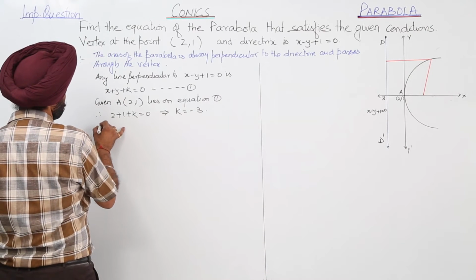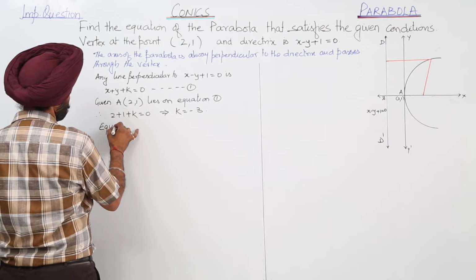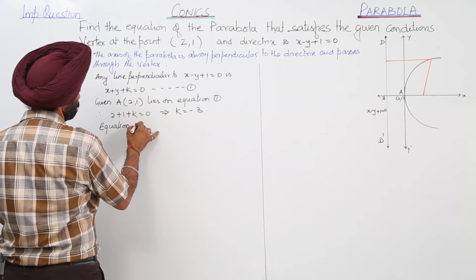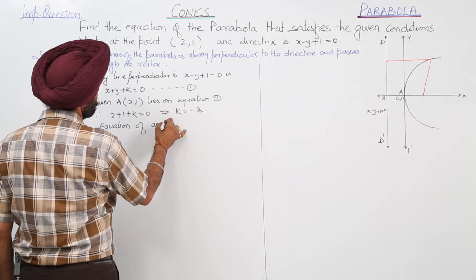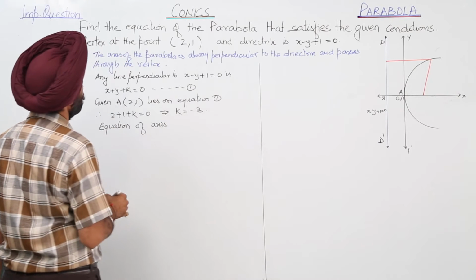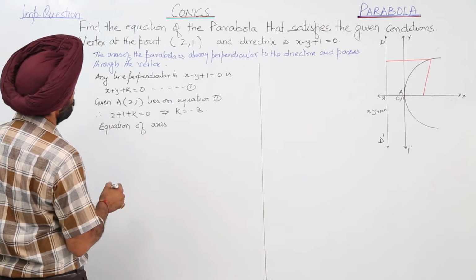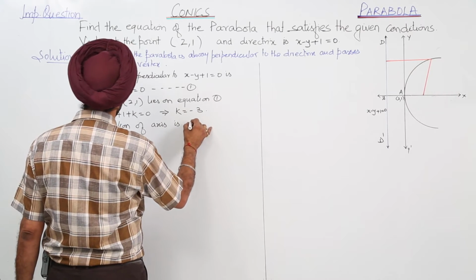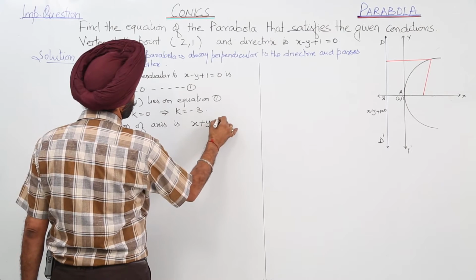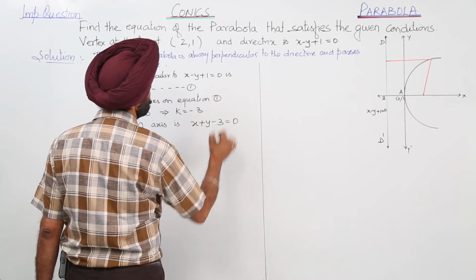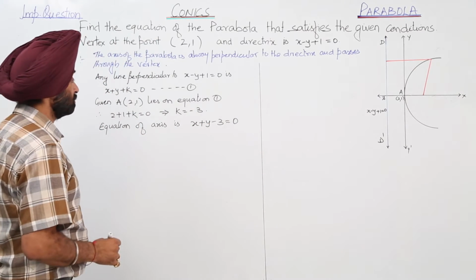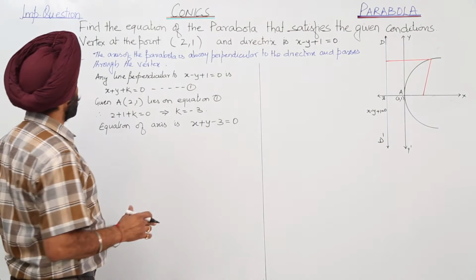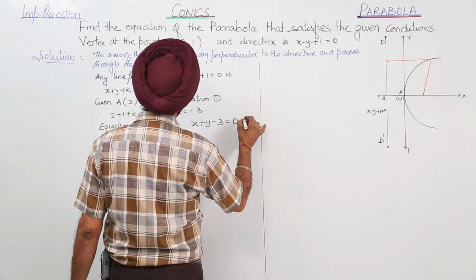Now the equation of the axis is x plus y minus 3 is equal to 0. Is it clear? So now let this be equation number 2.